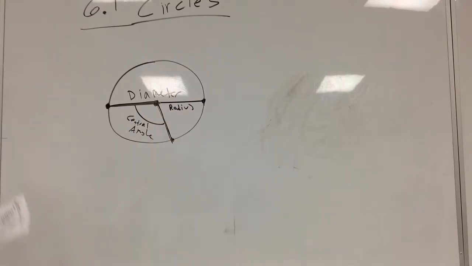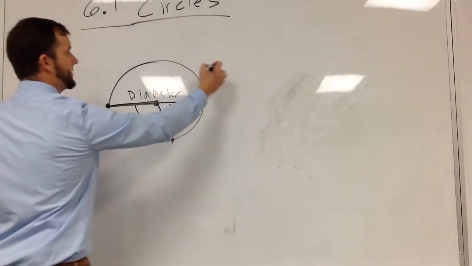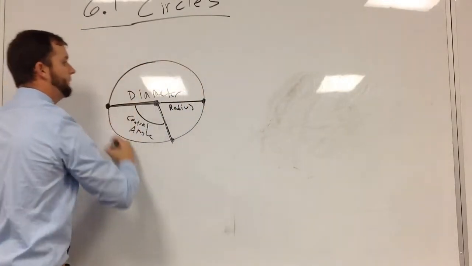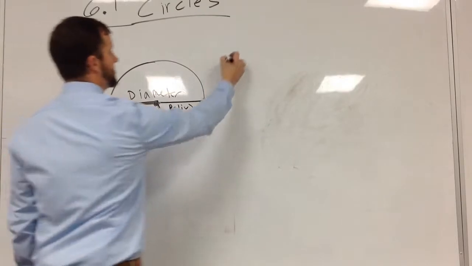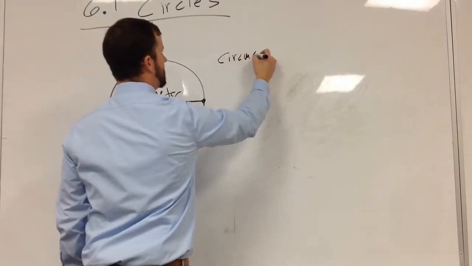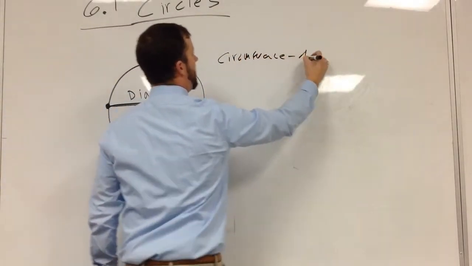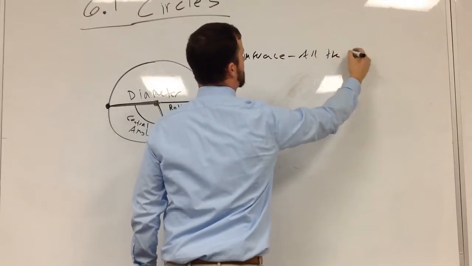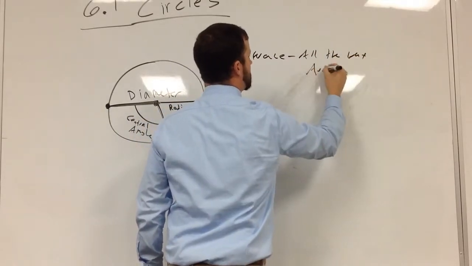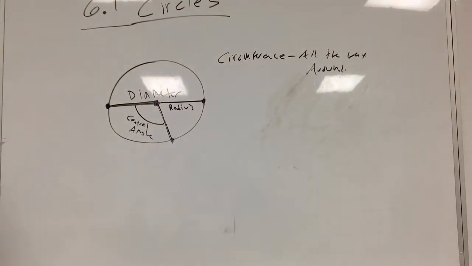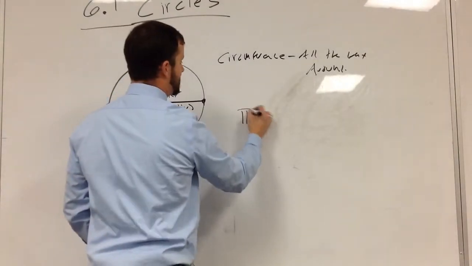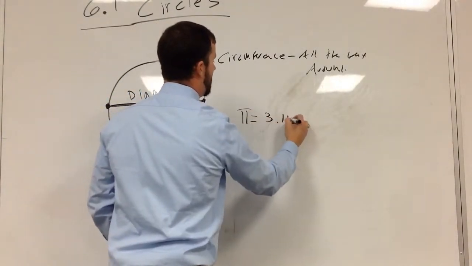Okay? The circumference is the distance all the way around. So just like perimeter, circumference is all the way around. Okay? And then lastly on your paper, pi. We all know pi as 3.14.